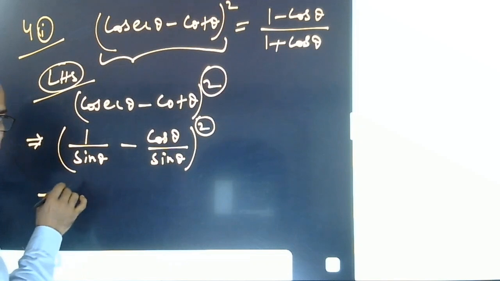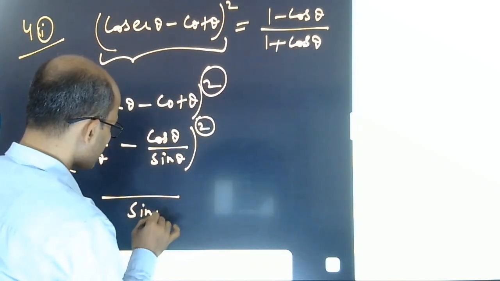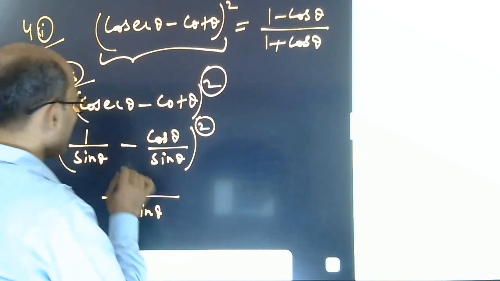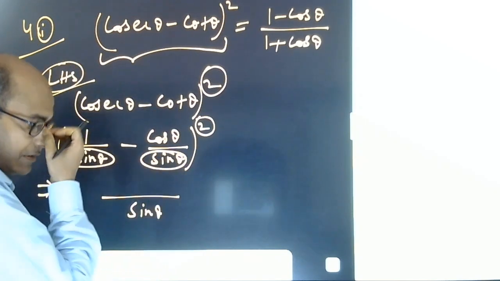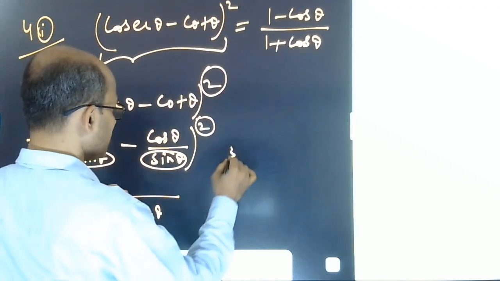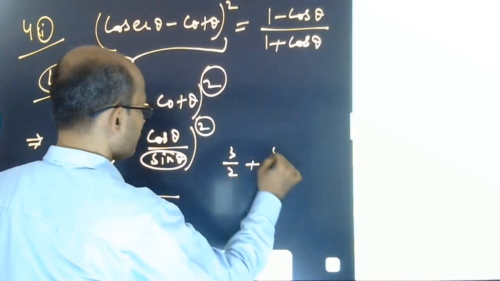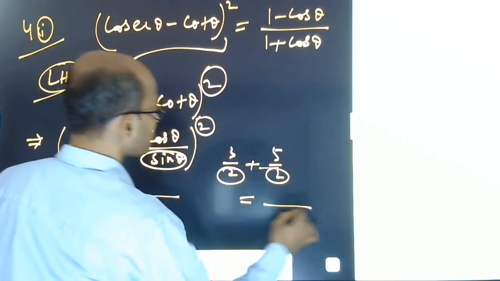So 1 upon sin theta minus cos theta by sin theta will become how much? Since the denominators are the same, the LCM remains the same. For example, 3 upon 2 plus 5 upon 2: since these two are the same, the LCM remains the same.